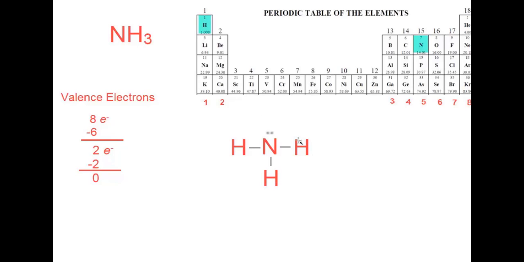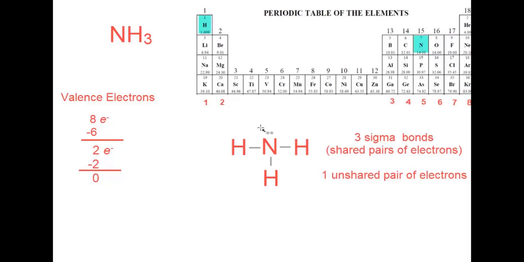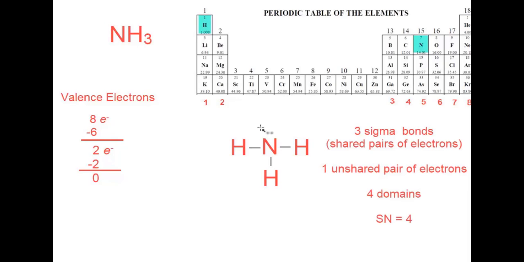But okay, we've got our Lewis dot structure, but let's go to the next step, which is an important one, which is to identify them. We have 3 sigma bonds, 3 shared pairs of electrons, and this is something new. We've got an unshared pair up here that completed our octet, and so we would end up saying that we have 4 domains.